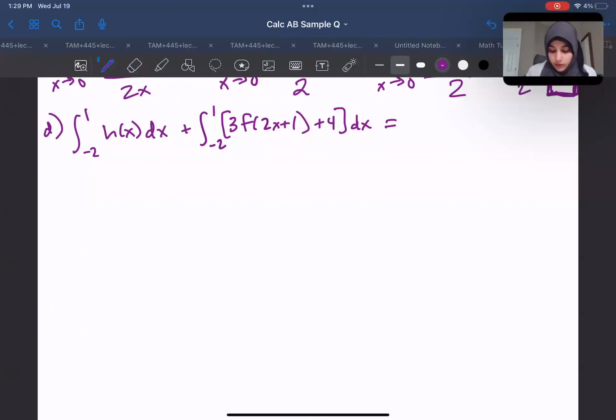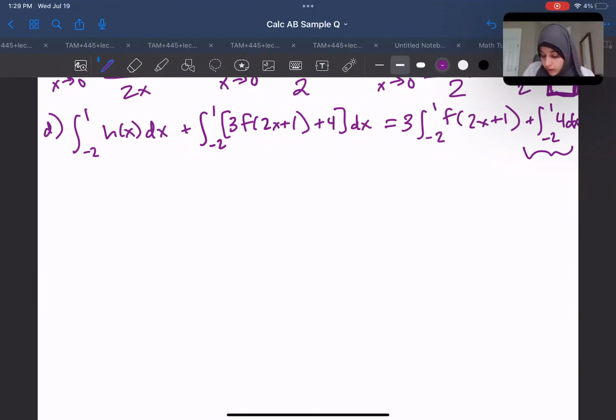All right, so this will give us 3 times my integral. And then I'm going to go ahead and put that integral of 4. The integral from -2 to 1 of 4 dx is simply going to be 4x evaluated from -2 to 1, which gives me 12.